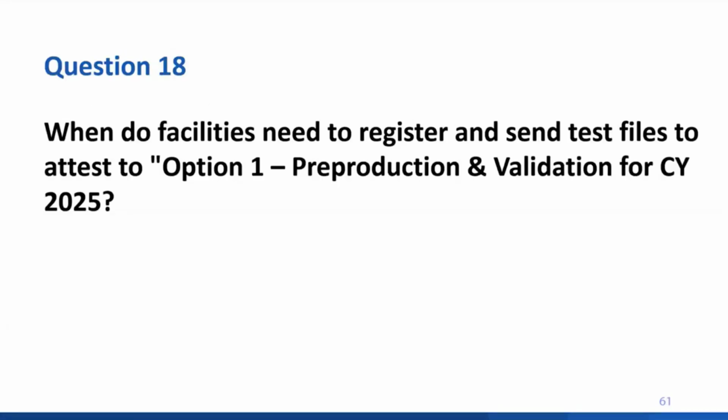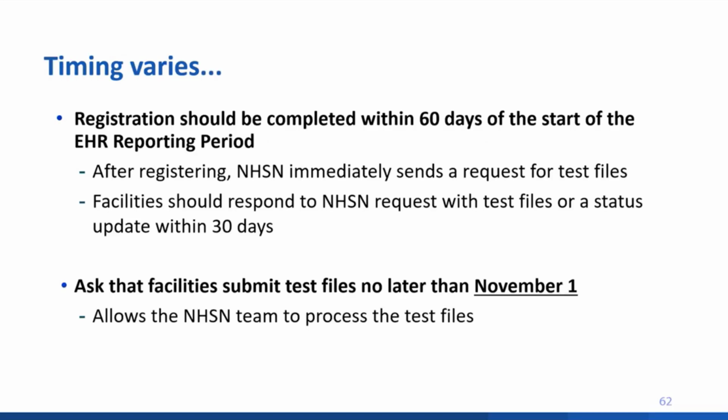When do facilities need to register and send test files to attest to option one, pre-production and validation for calendar year 2025? Well, the timing varies. Registration should be completed within 60 days of the start of the EHR reporting period. After registering, NHSN immediately sends a request for test files.